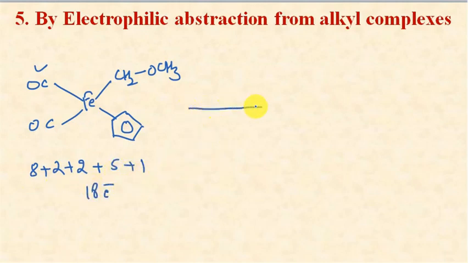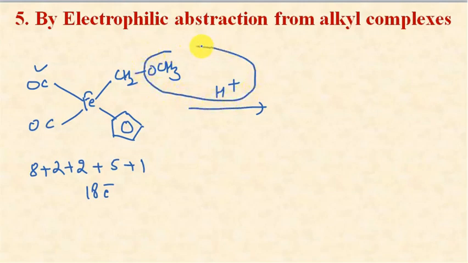So when we react this compound with H positive, meaning we have to add some acid from outside, there is a removal of methanol. This methoxy is removed as OCH3 negative. So methanol is removed and what will we get?